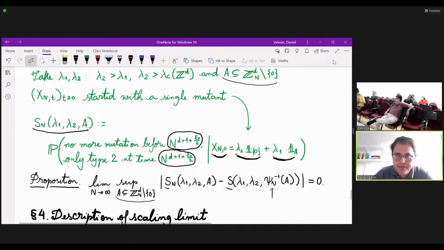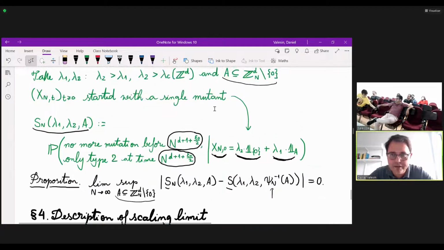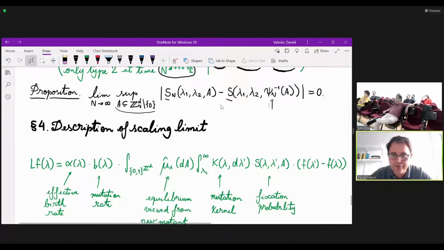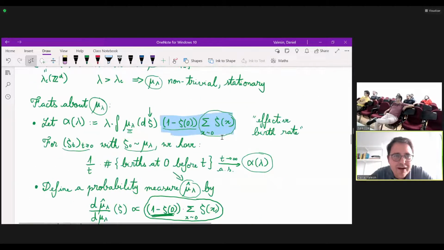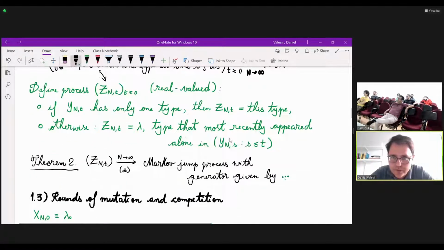So, speaking of describing the scaling limit, the next section is the description of the scaling limit, and then I'll be done. Here's the generator of the limiting process. If you were trying to guess it, you can see now if you succeeded. I'm talking about the process that appears in Theorem 2, Z_n(t), after speeding up and taking this one-dimensional projection of the process.